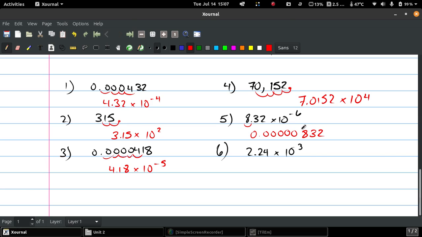So that should be your answer. And then this one should be, let me just double check, make sure I didn't miss anything. 1, 2, 3, 4, 5, 6. Okay, that's right. Alright, so that's pretty much scientific notation in a nutshell.